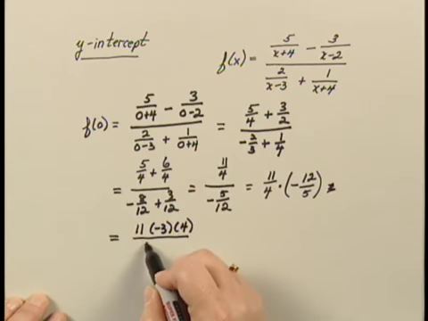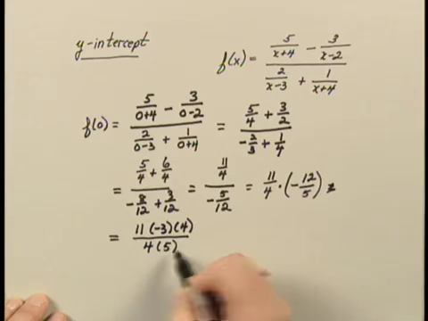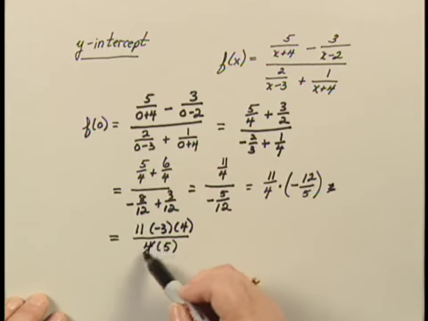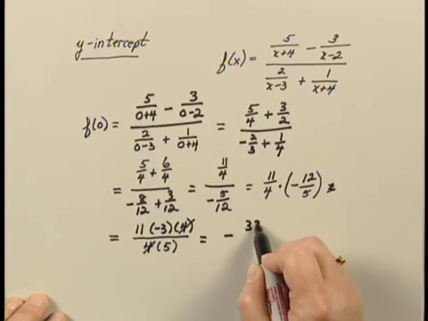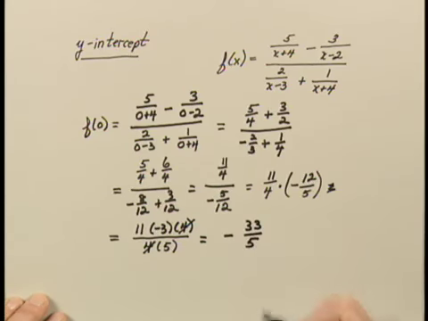In the denominator, that's 4 times 5. I have a factor of 4 in the numerator and 4 in the denominator that cancel. And I'm left with negative 33 fifths.